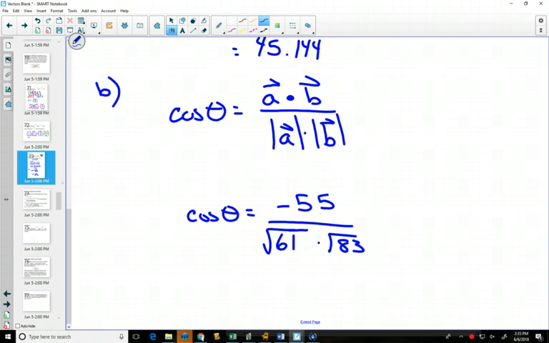And so it'll be in quadrant 2. And if it's in quadrant 2 and you go to your calculator, you can just do cos inverse of negative 55 divided by the square root of 61 times 83. You know it's in quadrant 2 because cos is negative.